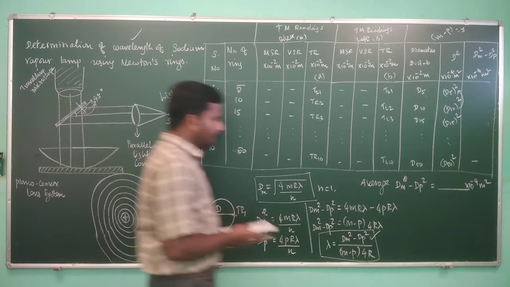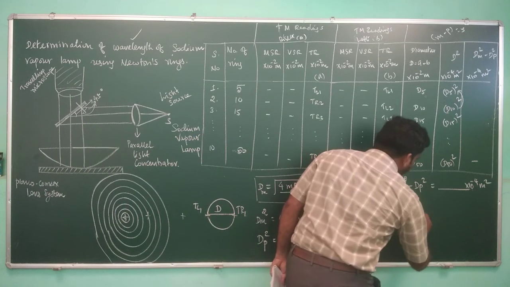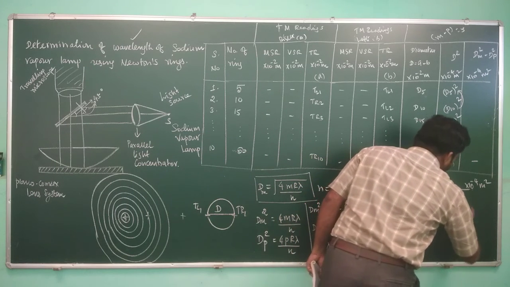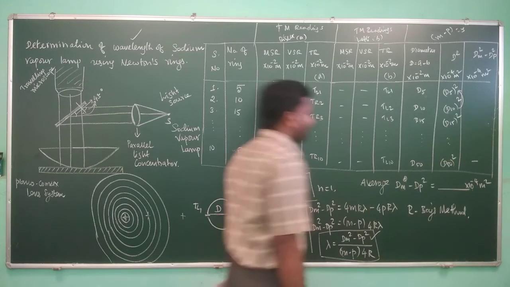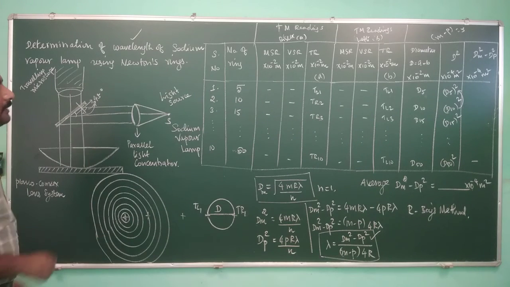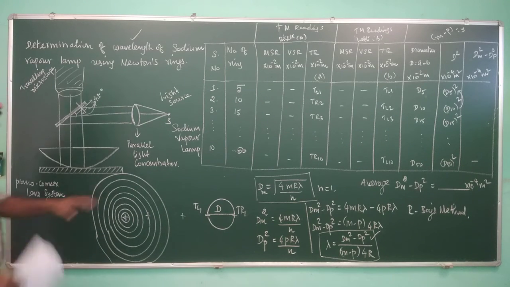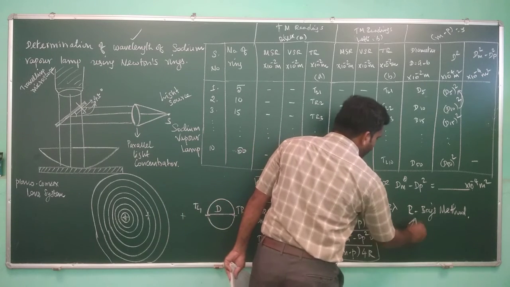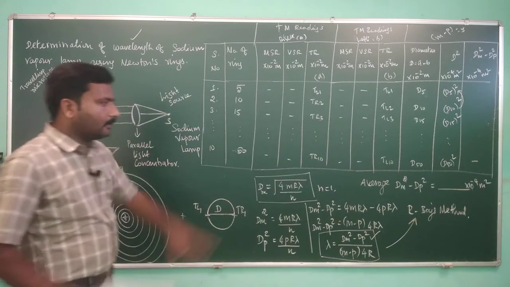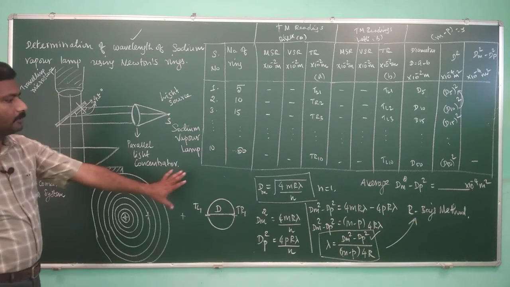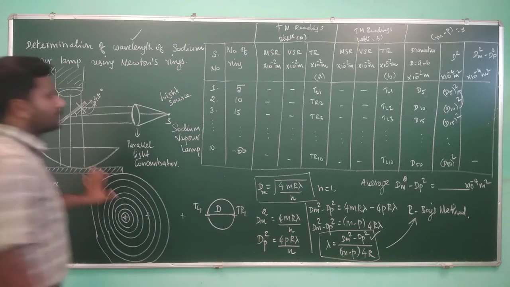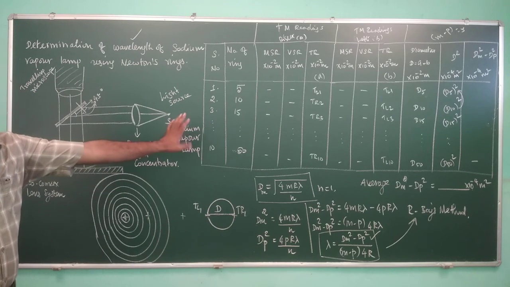So this radius R can be calculated using Boy's method. That will be another topic of discussion, which we are not going to discuss now, but R can be calculated using Boy's method, provided assume that R is given. So now we can calculate the lambda using this procedure we have just explained.